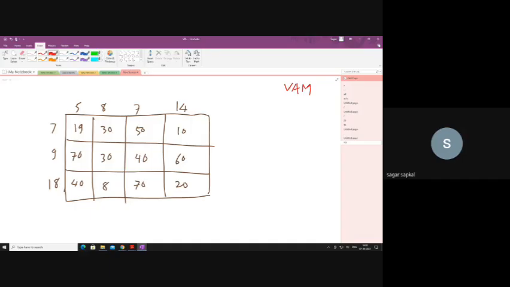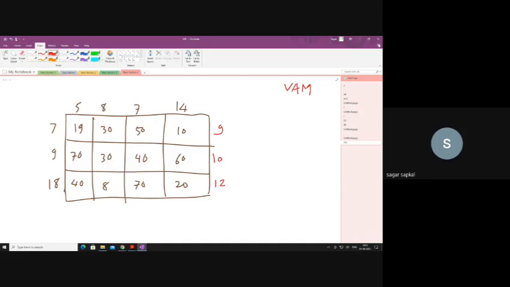Now find out the penalty row-wise and column-wise by considering the smallest cost value and the next smallest cost value. In the first row it is 10 and 19, the difference is 9. Similarly for the second row it is 10, third row it is 12.